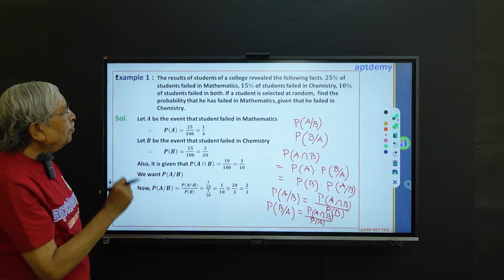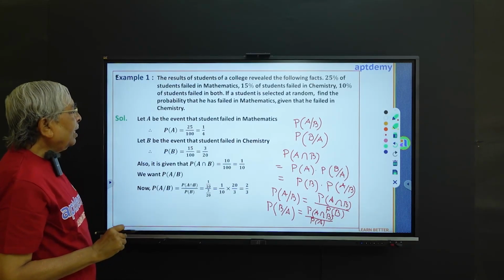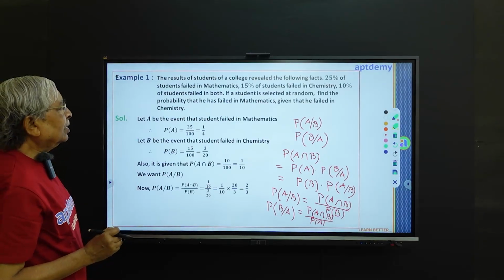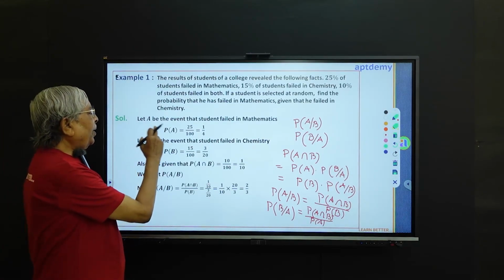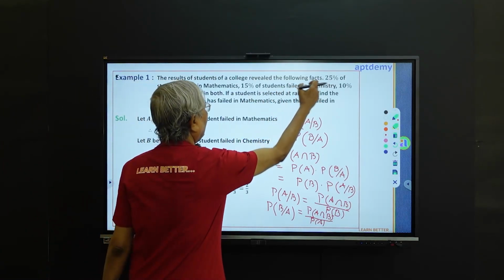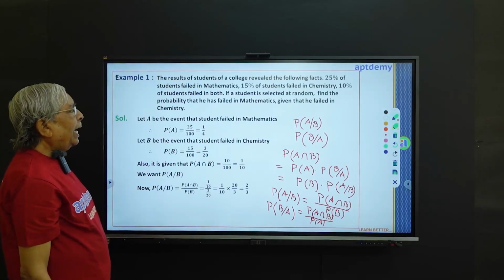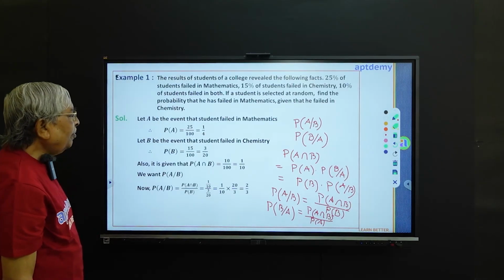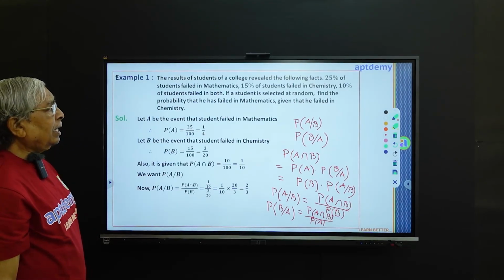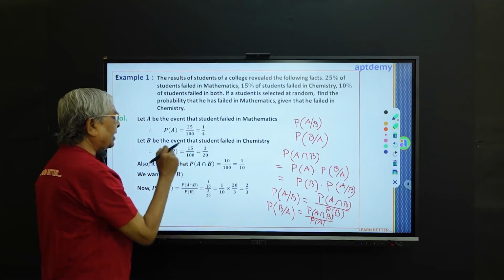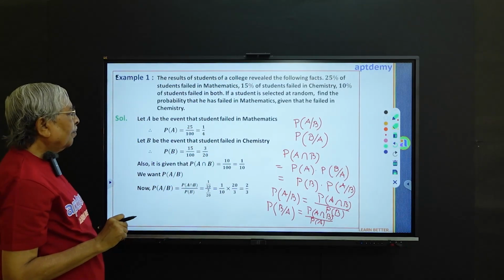So in this problem, let A be the event that a student failed in mathematics. So P(A) is equal to 25%, that means 25 by 100, that is 1 by 4. And B is the event that a student failed in chemistry, which is given as 15%, so 15 by 100, that is 3 by 20.